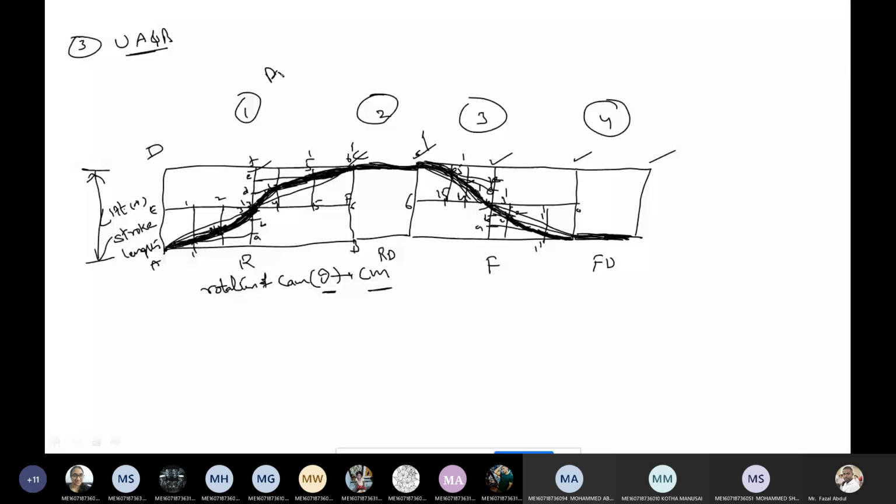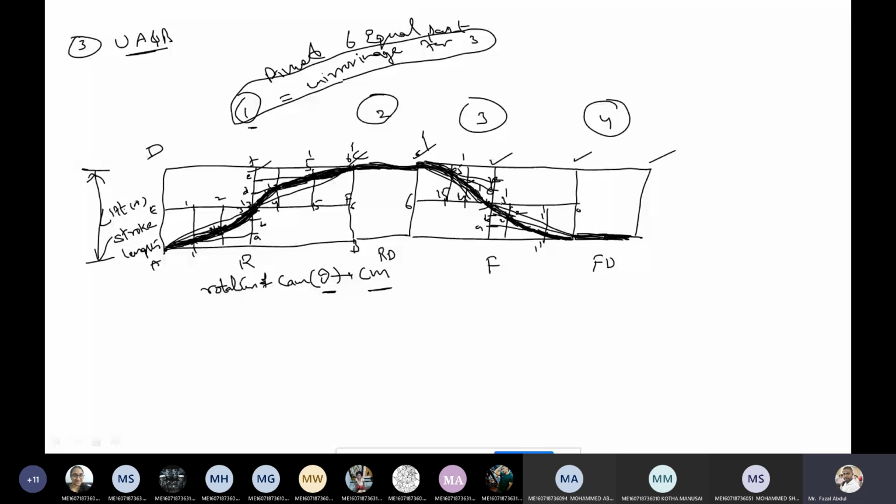Another thing to remember: whatever procedure you have adapted for the first box, same procedure you need to adapt, but for the third box, mirror image of the first box. Remember this point. If you remember these points, you can easily complete the answer very soon.